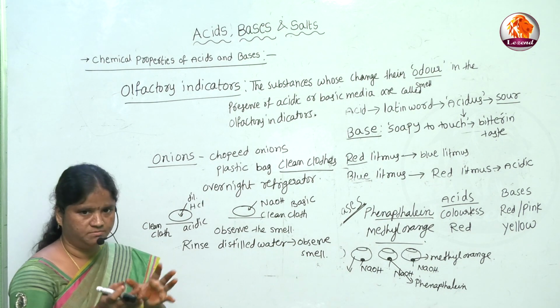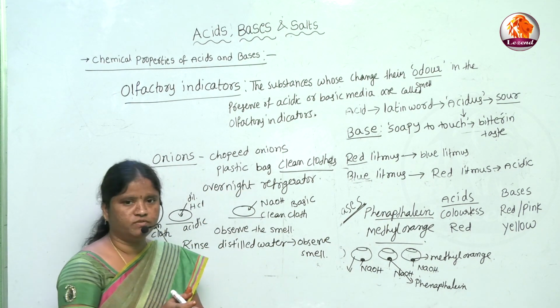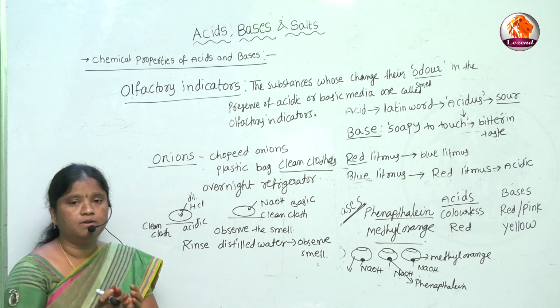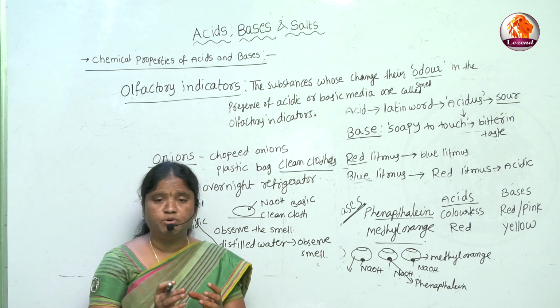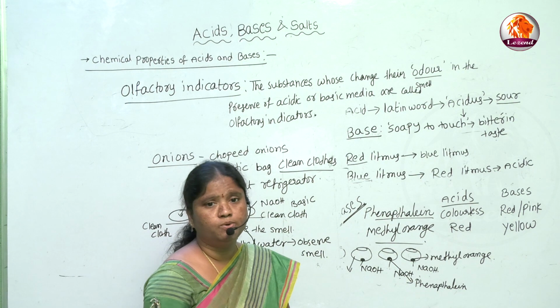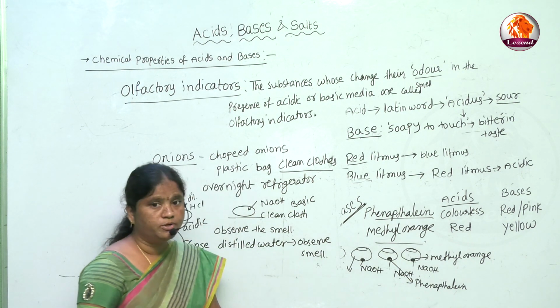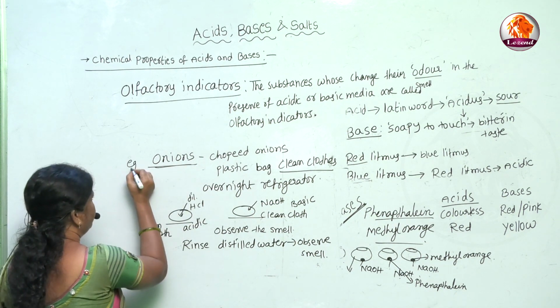The clean cloths kept overnight along with the chopped onions we use as acid base indicators, because in the presence of acid or base they change their odor. Here chopped onions are one example of olfactory indicators.